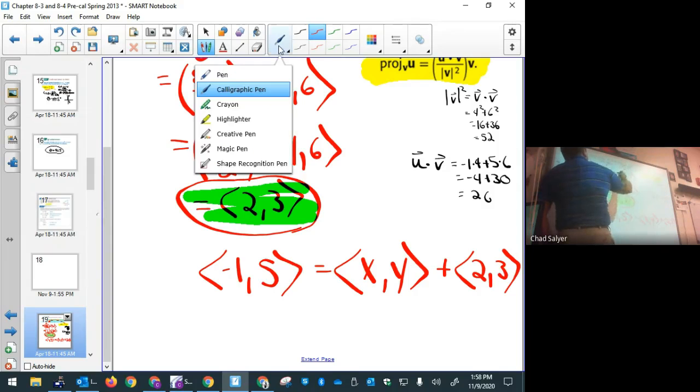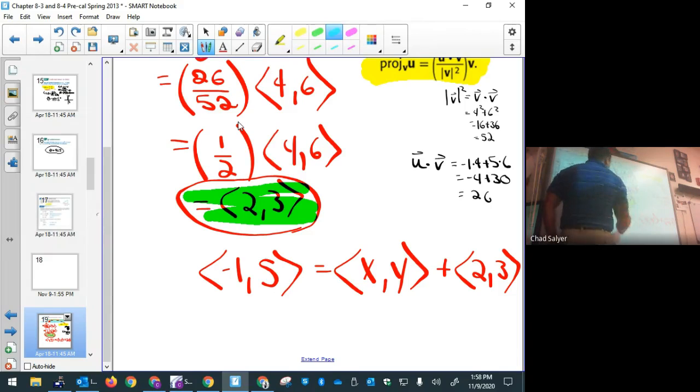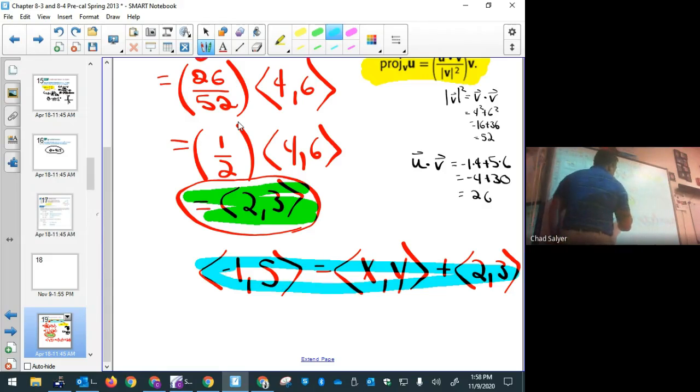This is the equation we're going to use to solve that second part.